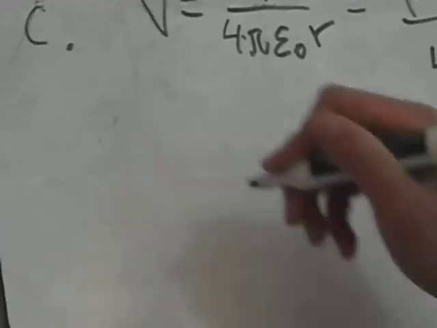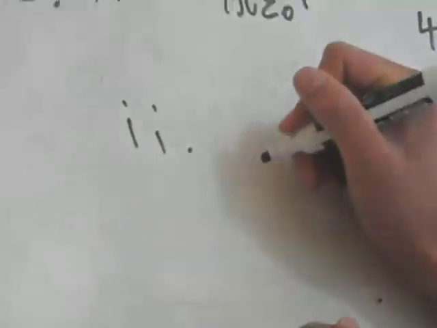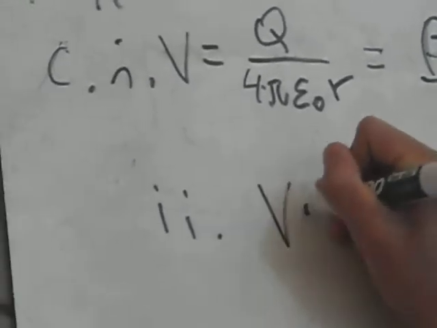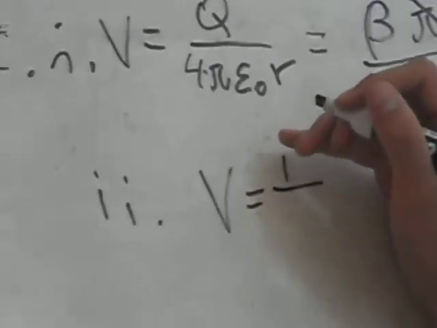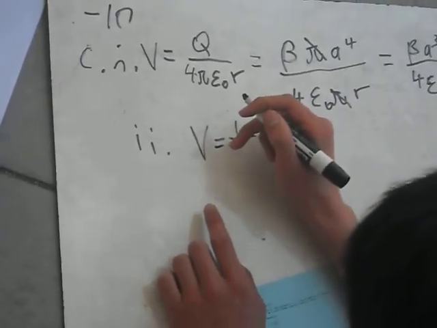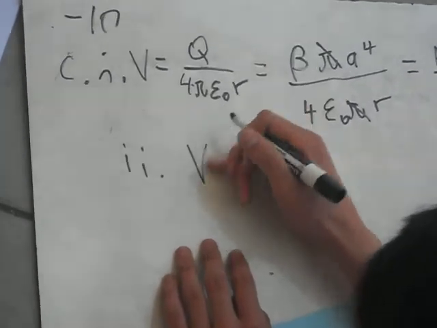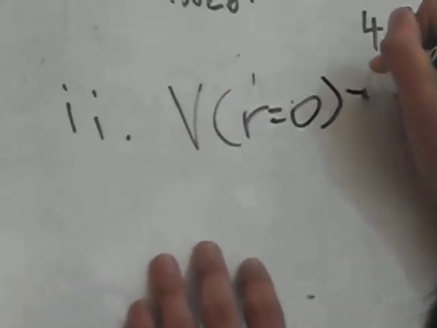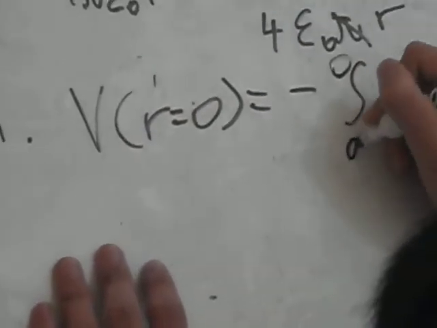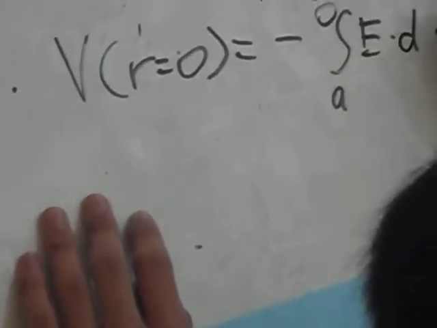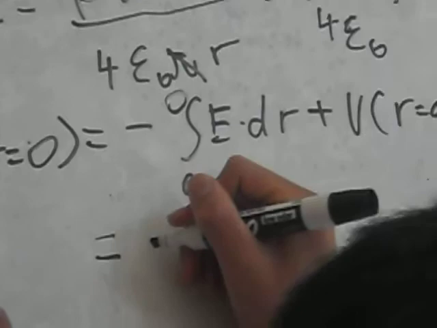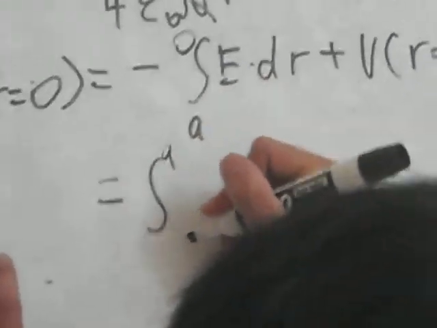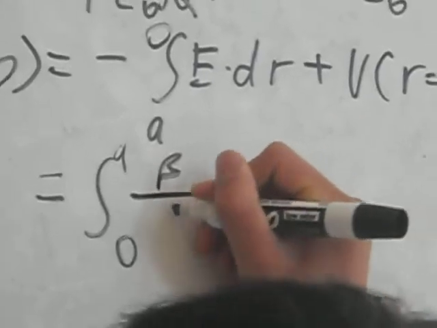And then for part 2, since you want the voltage when R is equal to 0, V when R is equal to 0 is equal to negative the integral from 0 to A of E dot dr plus V when R is equal to A.